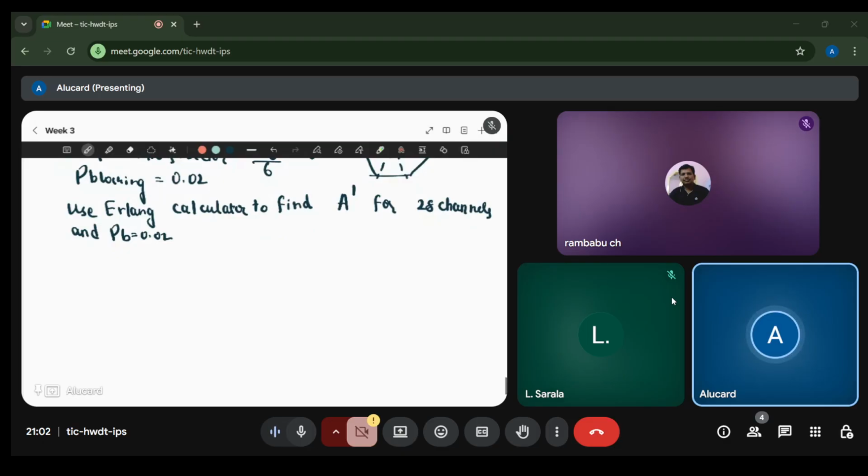Now again the number of users U dash is A dash divided by AU, and once you have that, the loss in number of users is U minus U dash, and this is in users per cell.